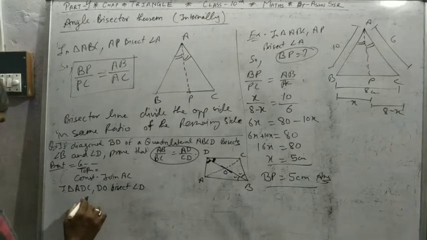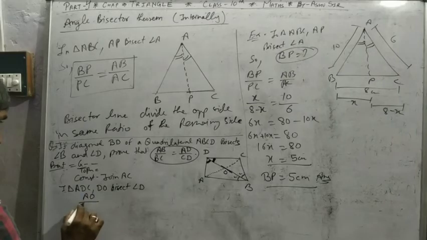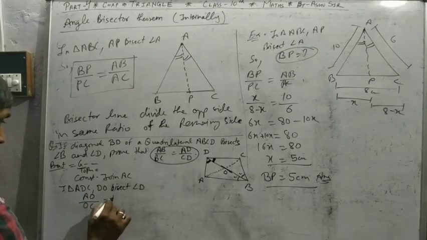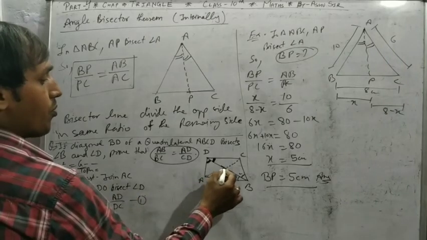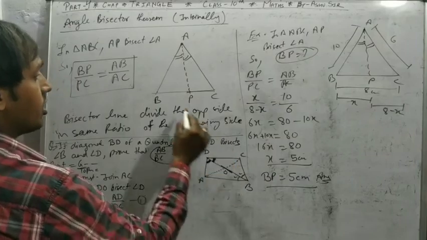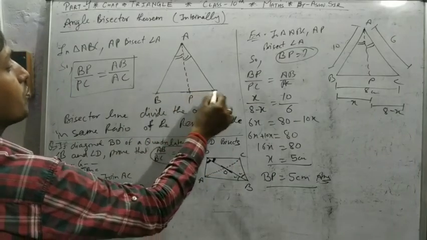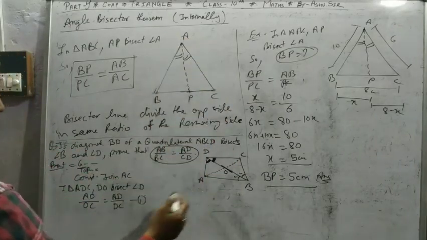So AO upon OC is equal to AD upon DC. Same as BP upon PC is equal to AB upon AC.